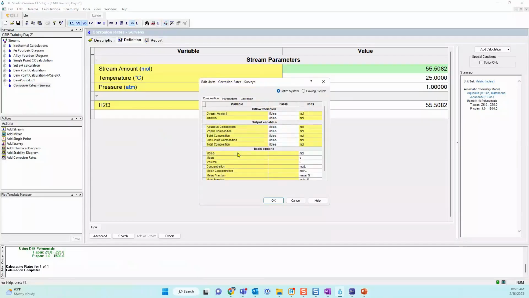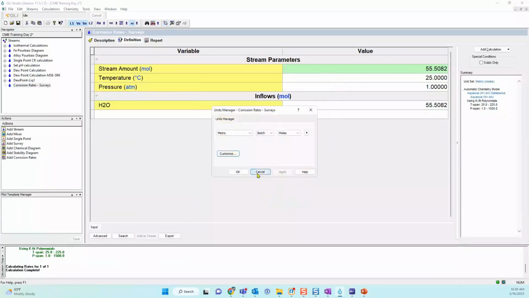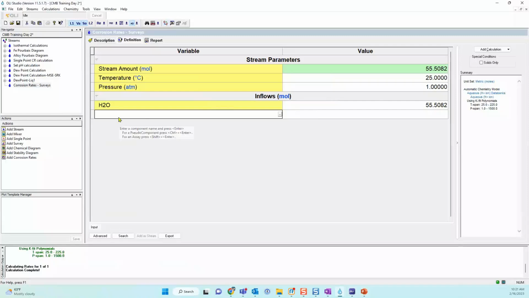If you want to customize them, you'll see that all your inputs are in moles and all your outputs are in moles, and I think it's okay. We can work with mole units at the moment, so let's not make any changes. But remember that that's one important step. Always make sure that you change the units before doing any simulation, so that you reduce frustration later on when you're analyzing the results.